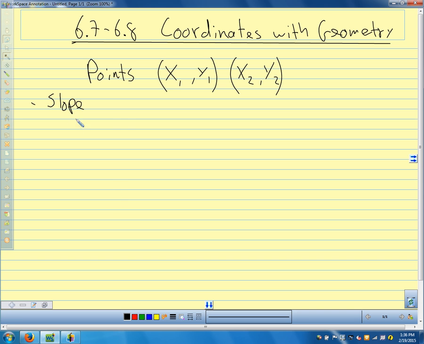And the slope is going to help us figure out some things. Just a reminder, we use the letter m: y2 minus y1 over x2 minus x1. Rise over run.